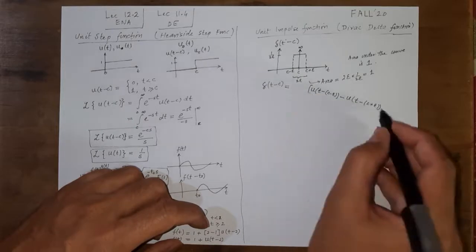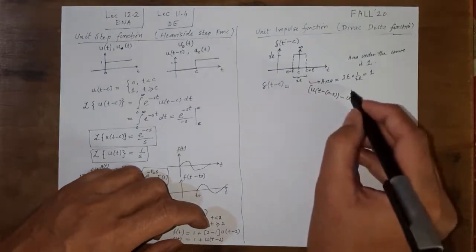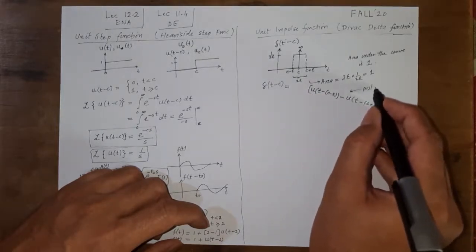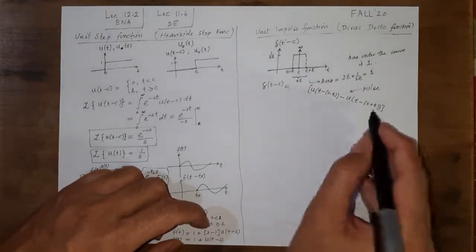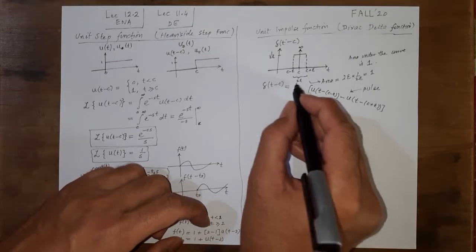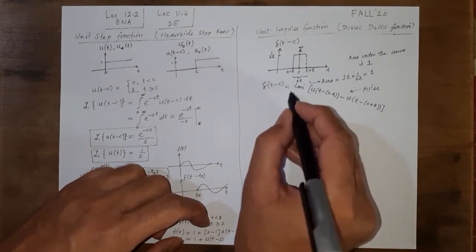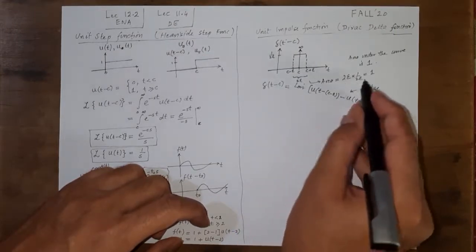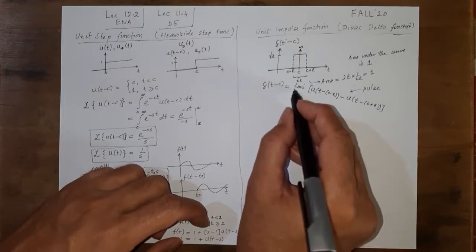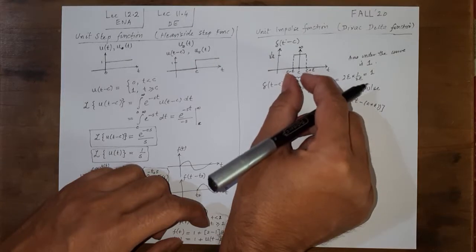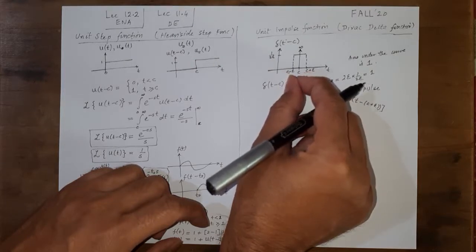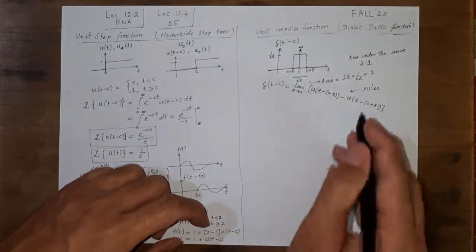So this is this pulse. A pulse is anything that is there for a short span of time. And if we now apply a limit, and you can see the area under the curve of this pulse is 1, in the limit as epsilon tends to 0, the pulse width shrinks to 0, but the amplitude goes to infinity.